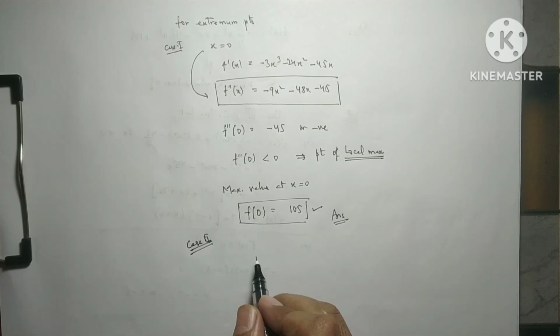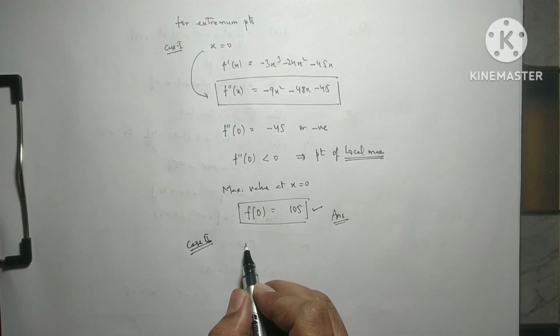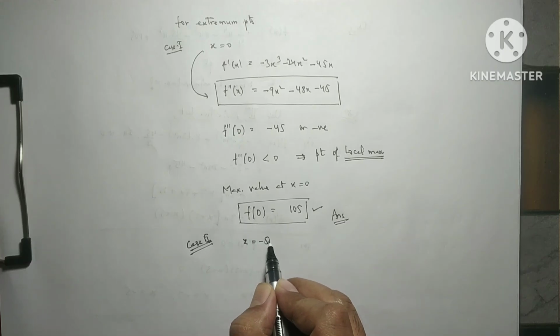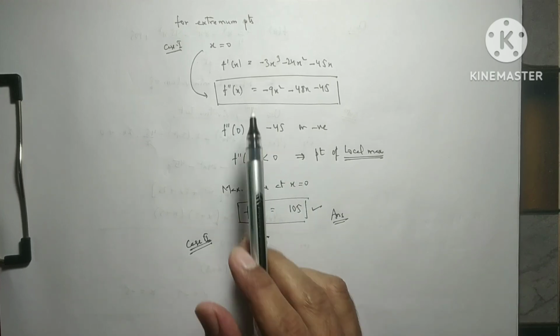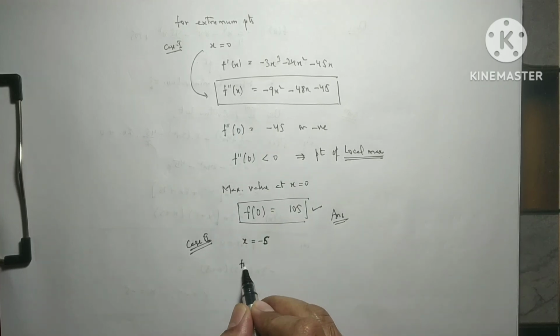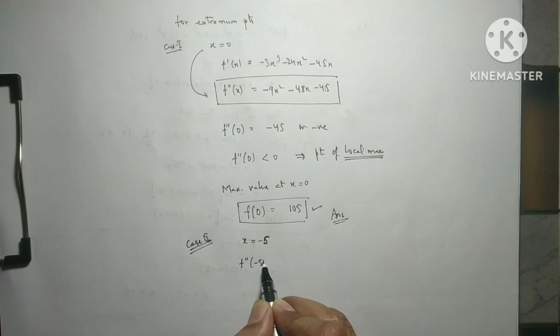It is very easy, and our next value is x equals to minus 5. Again we put this value in the second derivative, so f double dash minus 5.